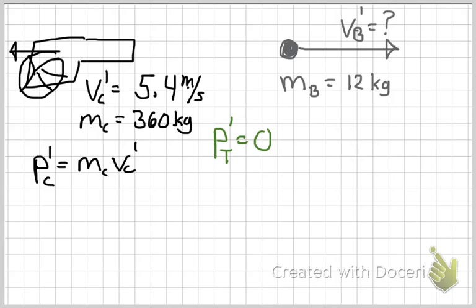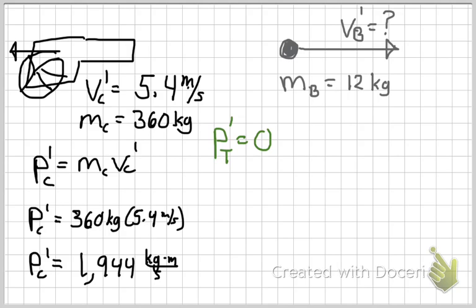Now make sure you use the velocity after it pushes the cannonball out. So that would be something like 360 kilograms times 5.4 meters per second. So when you do the arithmetic, you get something like 1,944 kilogram meters per second.